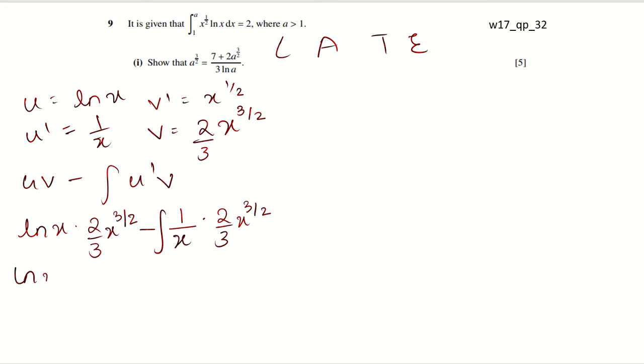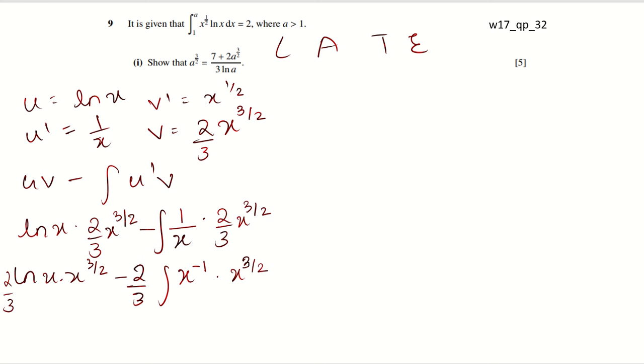So ln x times 2/3 x^(3/2) minus, so I'm going to take 2/3, a constant, outside the integral. I'm going to write x raised to minus 1, which is also equal to 1/x, multiplied by x^(3/2).